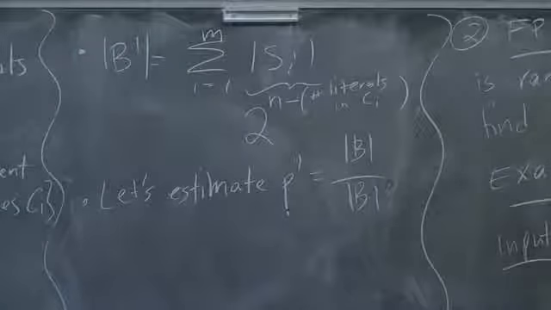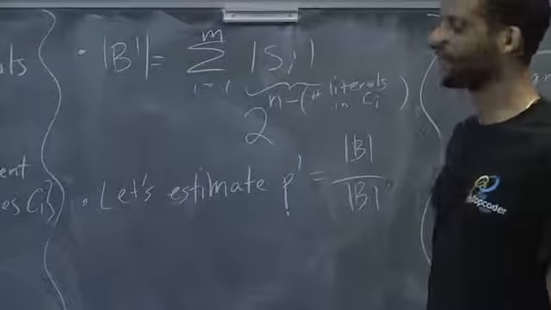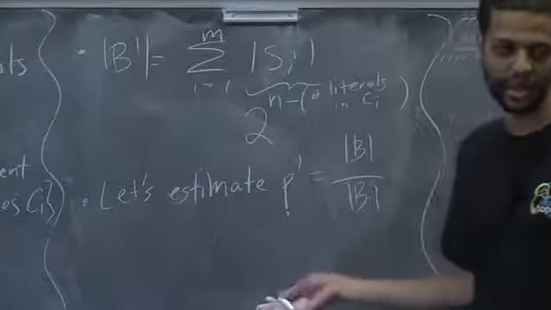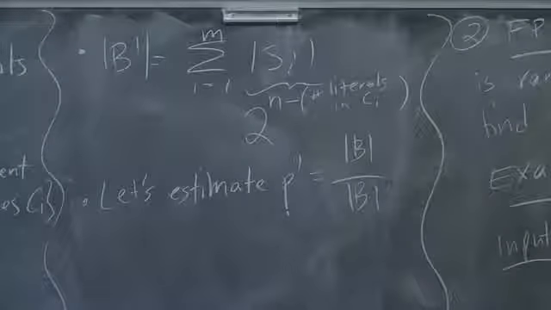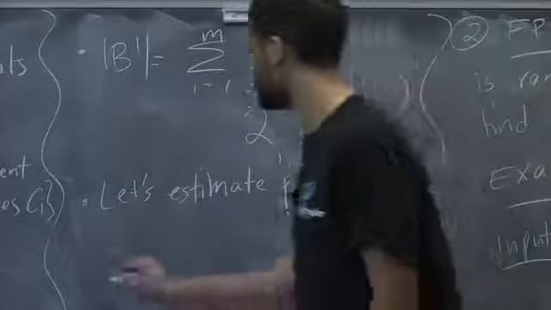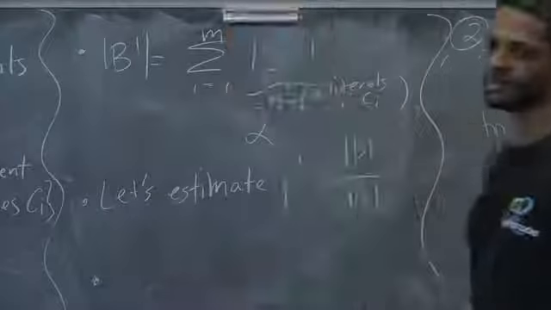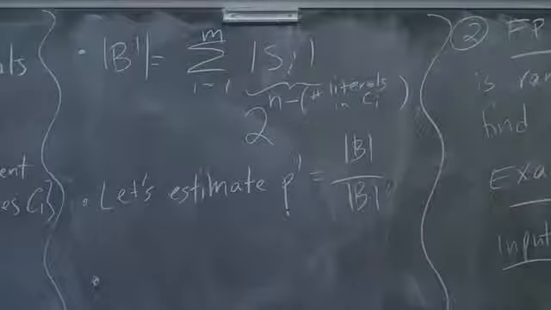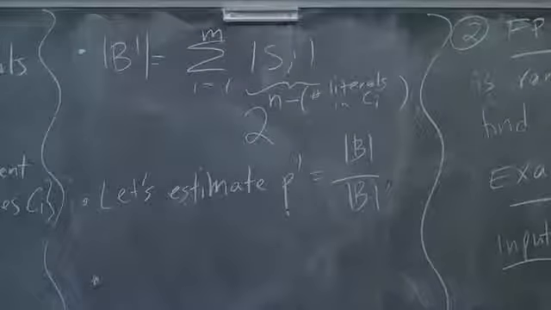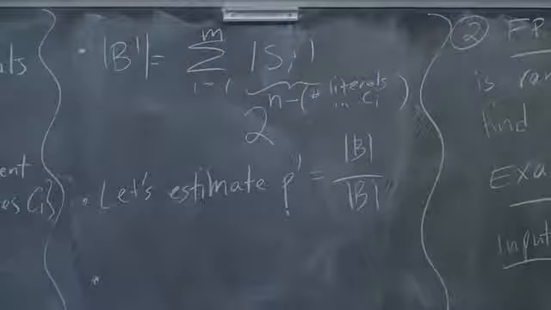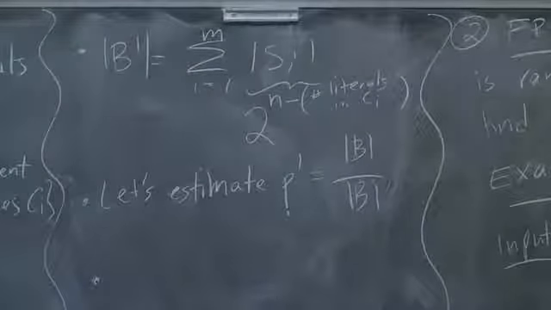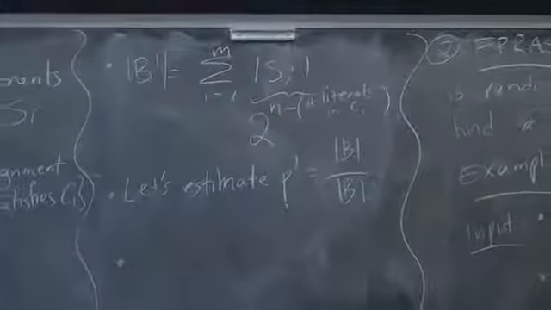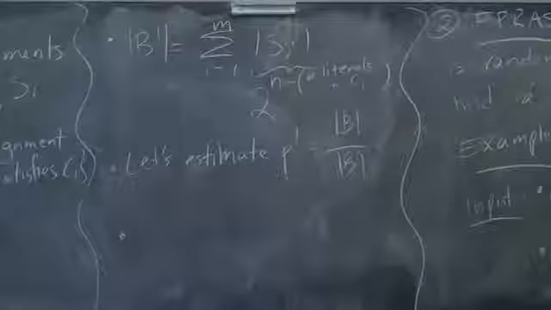So what's a lower bound on p prime? The problem before was that p prime could be too small, right? Can p prime be too small? One over m.